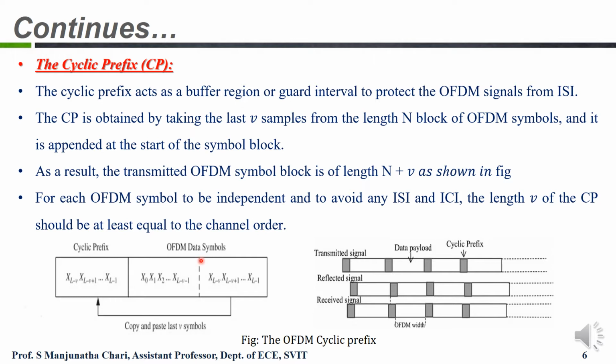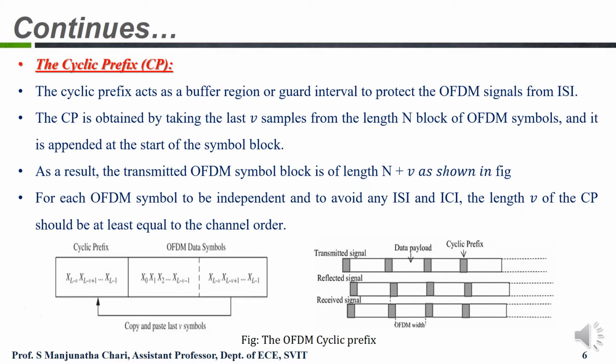You can observe here, this is the V symbols from the entire OFDM L symbols that I am taking, or I am copying this part and I am going to paste the same symbols at the front of the OFDM data symbols. This is how we copy the symbols of OFDM as a cyclic prefix in each and every OFDM data symbol.